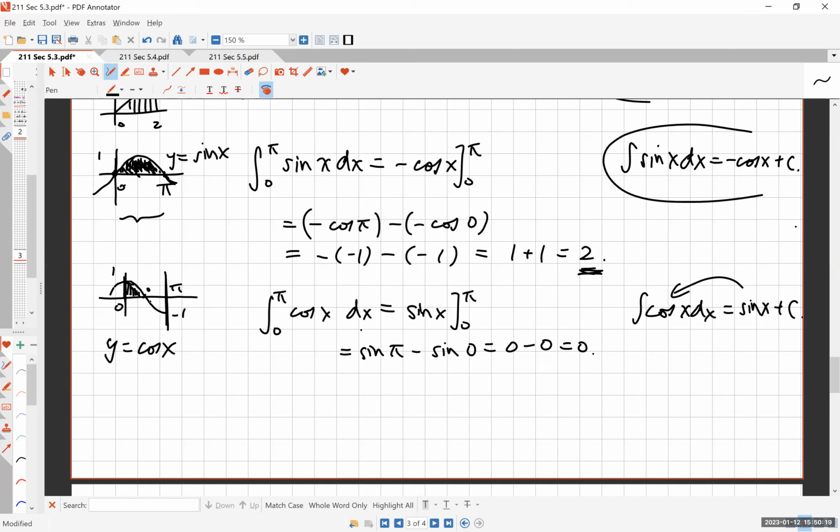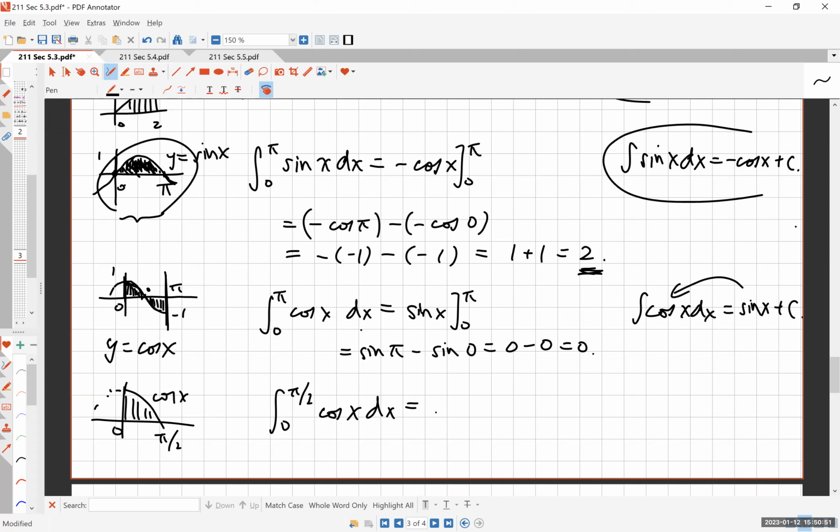Now, if you want to find only this part, cosine of x from 0 to pi over 2, which is like half of this, you could do that. You could probably guess what the answer is, because this entire mountain was of area 2. This is half of that mountain.